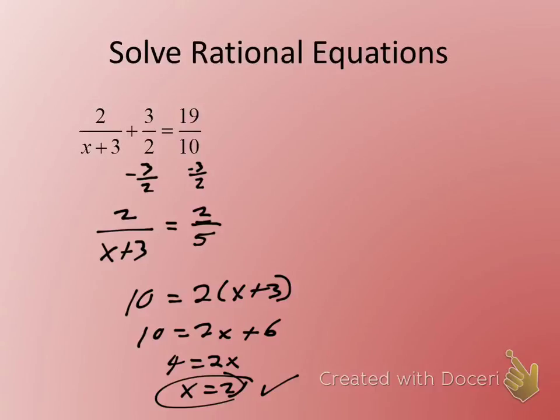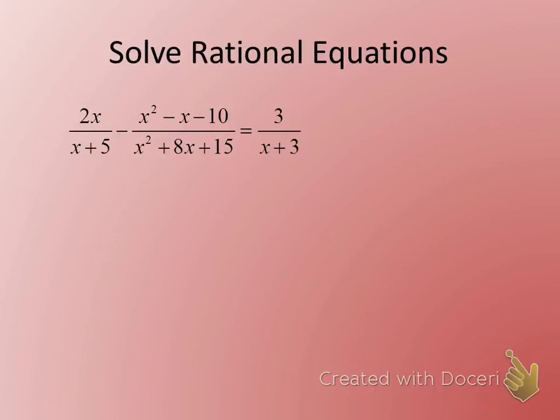The next one here, though, as you can see, you have x's all over the place, so there's nothing you can really do. So the first thing you always want to do is figure out your LCD, and the easiest way to do that is to make sure you factor everything. So the next question that's coming up here is factor x squared plus 8x plus 15.